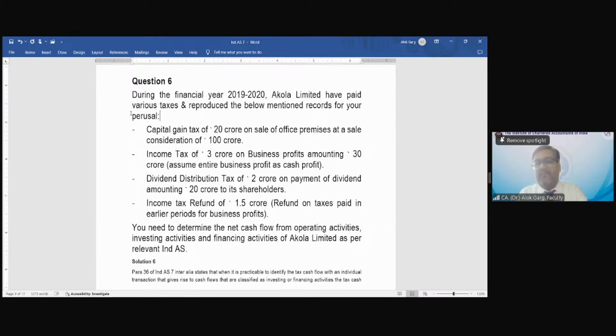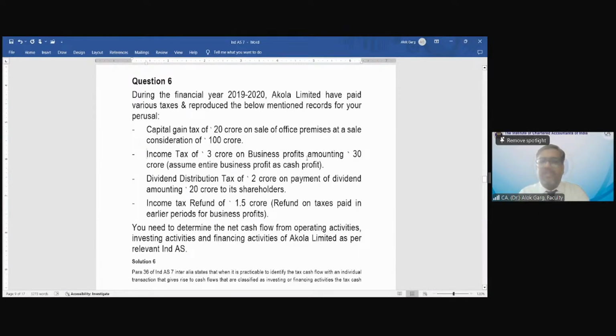Capital gain tax of 20 crore on the sale of office premises at a sale consideration of 100 crore. So what is this nature of 100 crore? This is a sale of PPE. So what is the nature of this activity? Investing activity. So there is a capital gain tax on investing activity. I'll come to that. Okay.